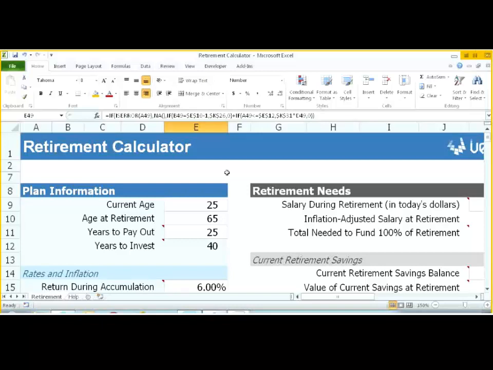So what you do is you put in your current age, the age you want to retire, and the years to pay out. That assumes you guess how old you're going to be when you die, which is part of life. So if you retire at 65, 25 years, you'll be 90 years old. Now, is the average lifespan 90 years old?